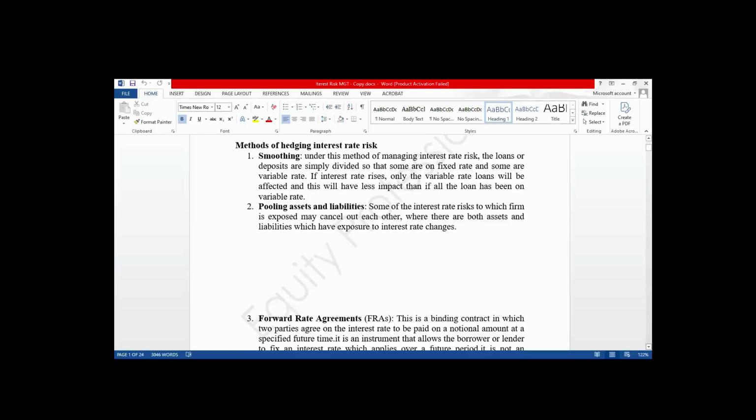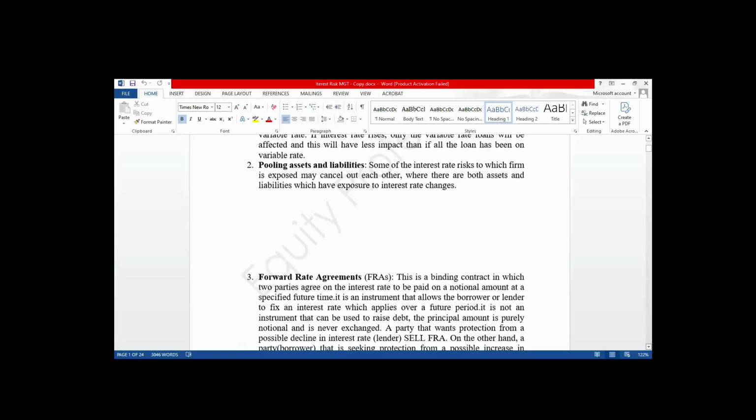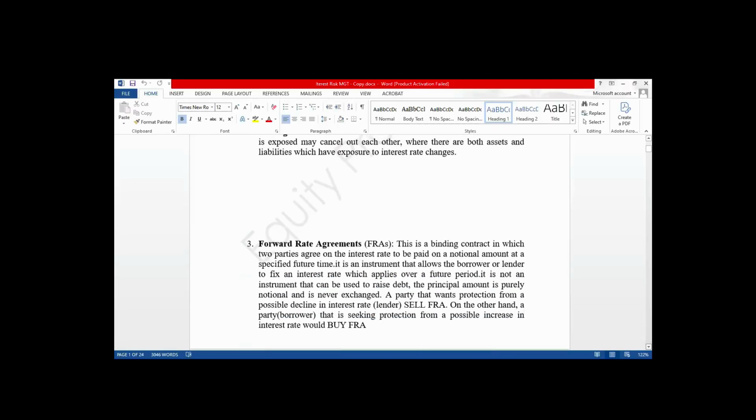We have forward rate agreements, a binding contract between 2 parties. A binding contract in which 2 parties agreed on the interest rate payable or receivable on a notional amount of principal.